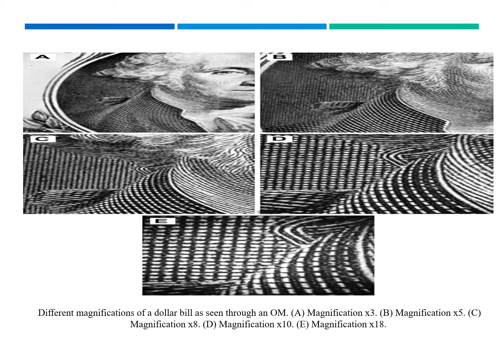You can see from A to E the magnification is increasing, and you can see the square checks more clearly in B compared to A, similarly C compared to B, D compared to C, and E compared to D. So the amount we see is dramatically different when you have a magnification device.